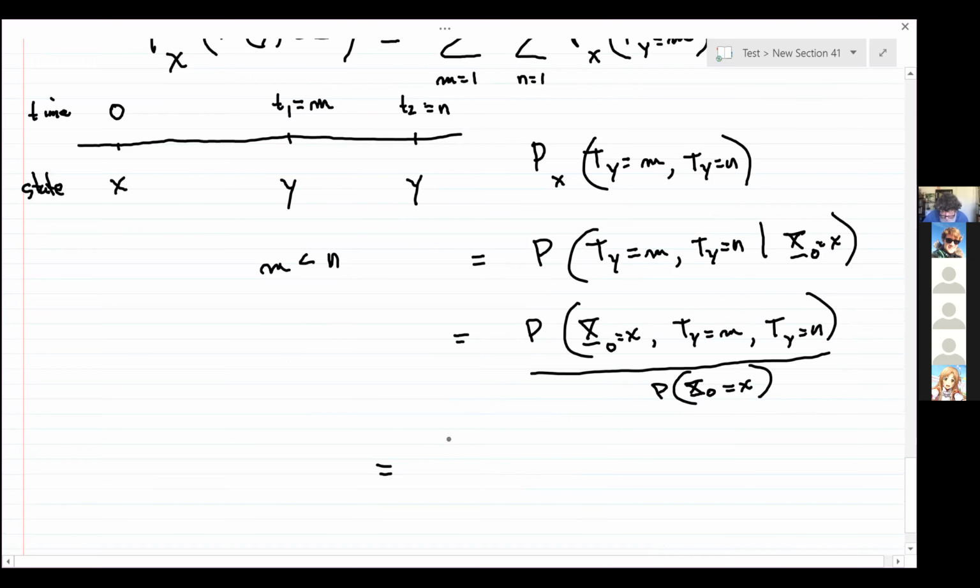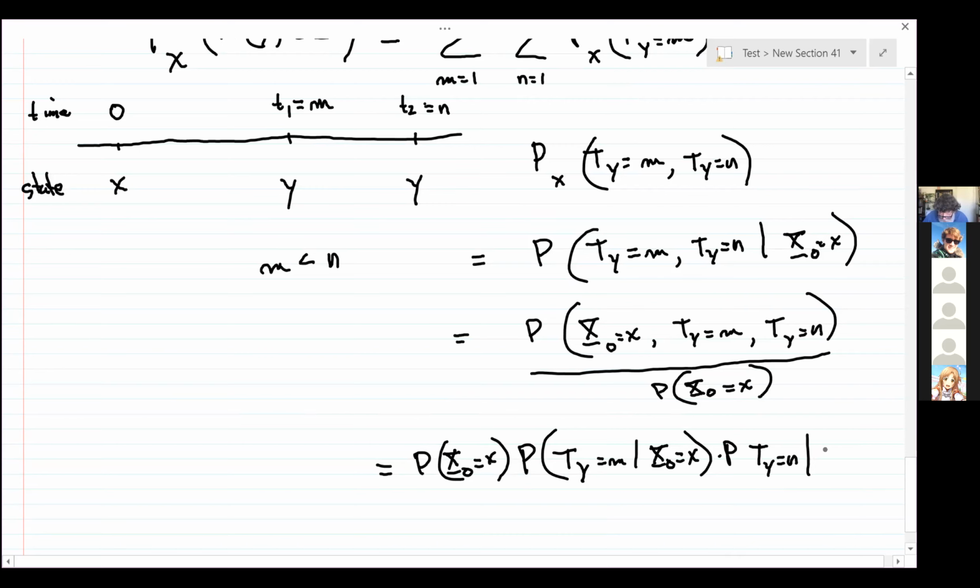So write it as the first condition, this one, times the second condition, given the first, times the probability of the third condition, given the first two.